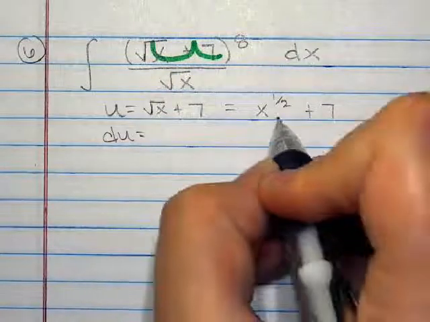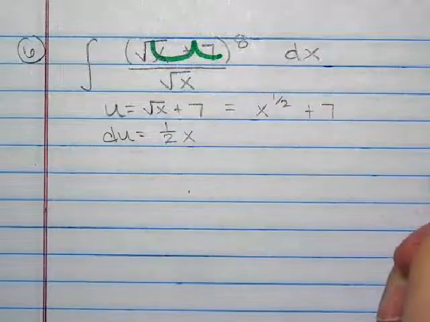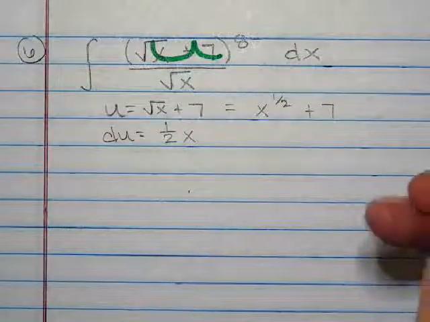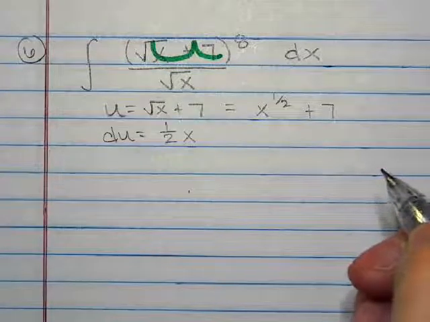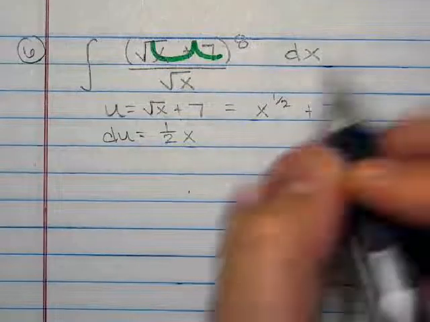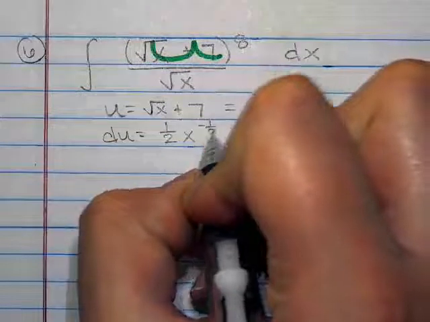Oh, she already simplified it. Michaela, I had to translate for you. That's too much for us. It's 1/2 x to the 1/2. Okay. And then dx. Okay. And then if you rewrite it, what is it?